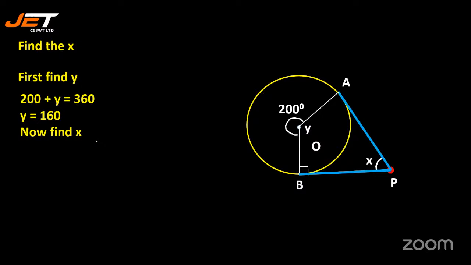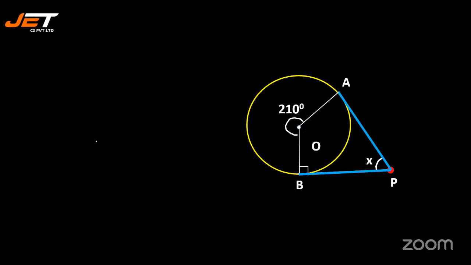Because so far the value of y, that is inside, is given. But now outside it is given 200, isn't it? So 200 plus y is 360. Y will be 360 minus 200, which is 160.